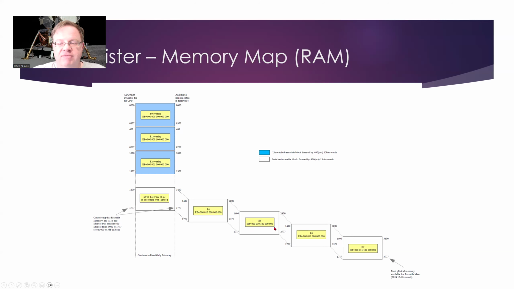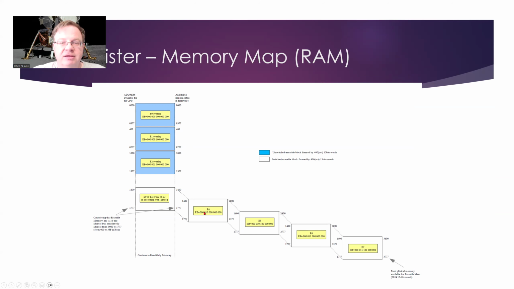So if data is being stored in erasable bank 4, and it's switched in, so you've set your eBank register to 100, or bank 4, it will allow you to access whatever memory is here.